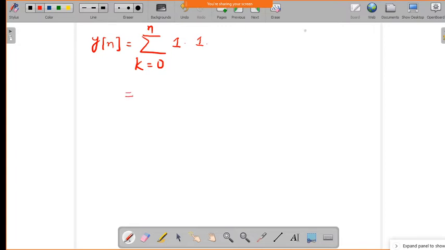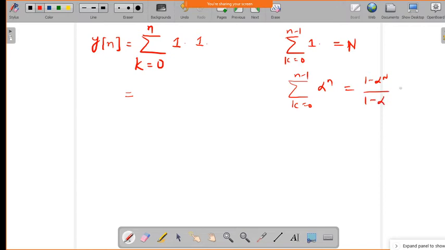What is the result? In terms of expression, summation k equal to 0 to n minus 1, if the value is 1, it will give n, is it not? In terms of alpha we have written already: summation k equal to 0 to n minus 1 of alpha power n is equal to 1 minus alpha power n divided by 1 minus alpha, if alpha is not equal to 1.